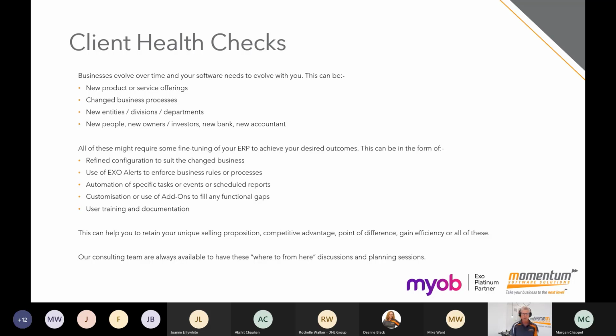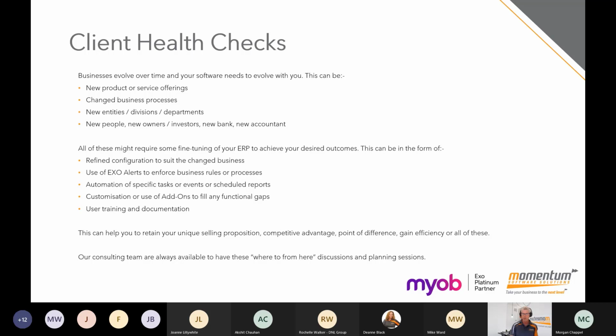Use of Exo alerts, again, that's a really strong feature of Exo that for some businesses is not known about or not utilised to enforce business rules or processes. So if somebody's raising a purchase order, what's the rule? Could be you can't have any items on the purchase order if they don't have a price.